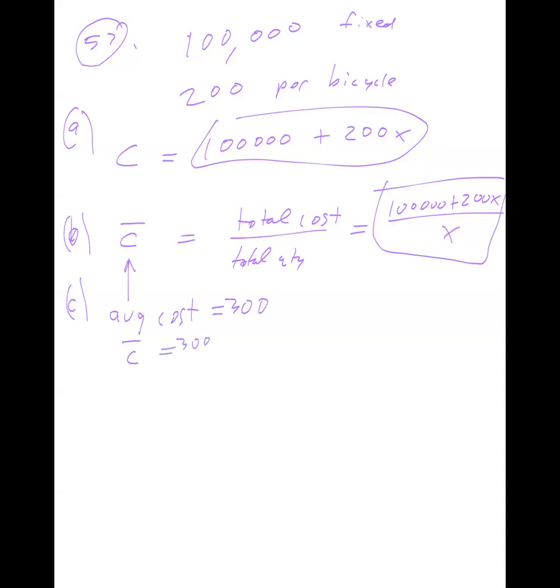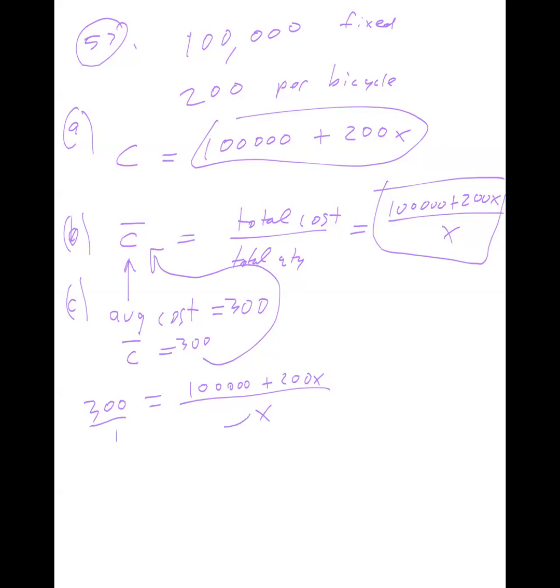So we're going to go up to the previous equation. We're going to plug 300 into the left side. So we're going to get 300 equals the right side. This is difficult. And then this is a fraction equal to a fraction because I could put the 300 over 1, right? So how do you solve a fraction equal to a fraction?